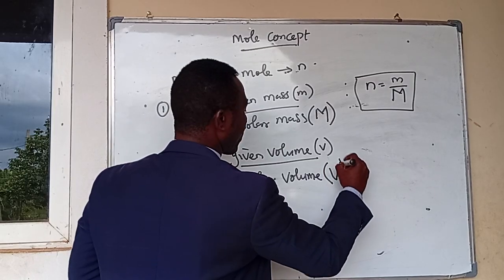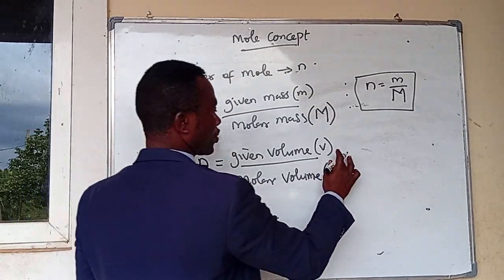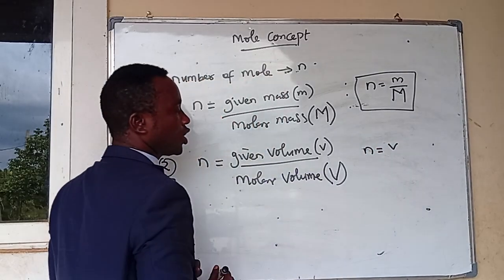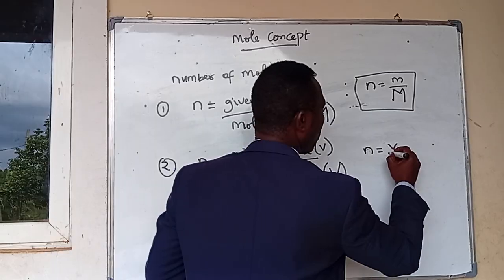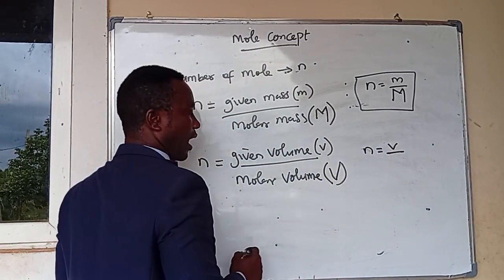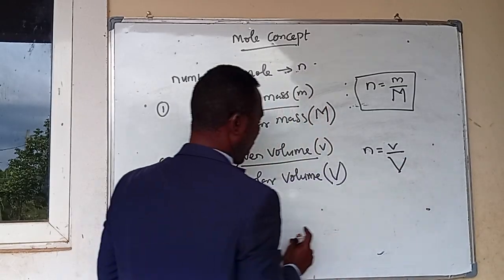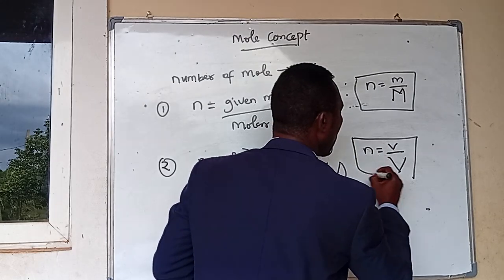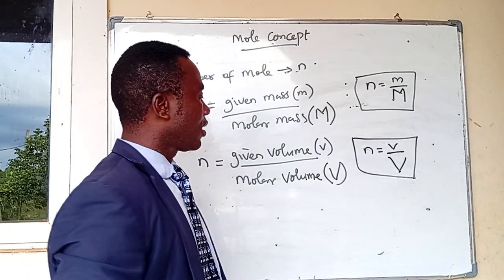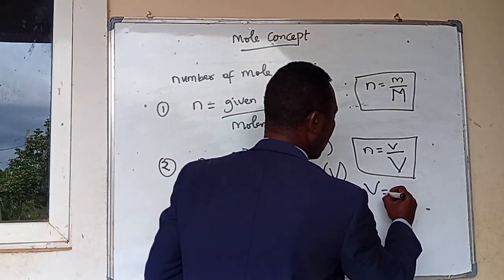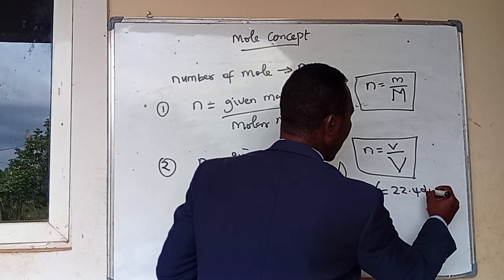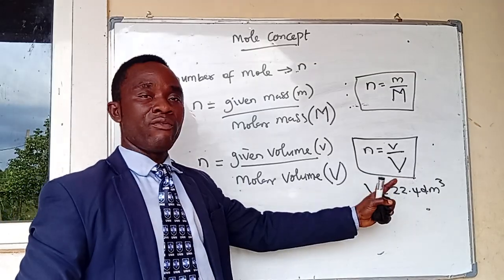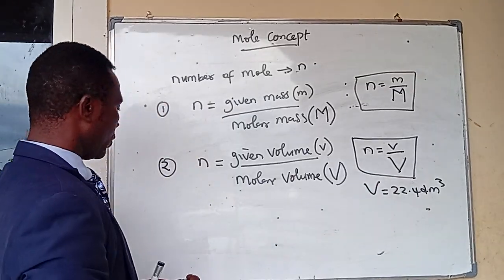Molar volume we will be using capital V. Remember, the molar volume of gases at STP, which is capital V, is 22.4 dm cube. That is the value for capital V, the molar volume.